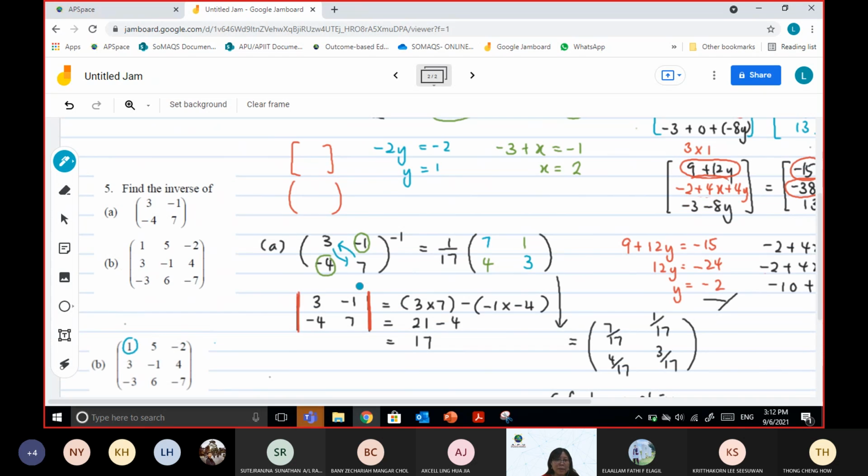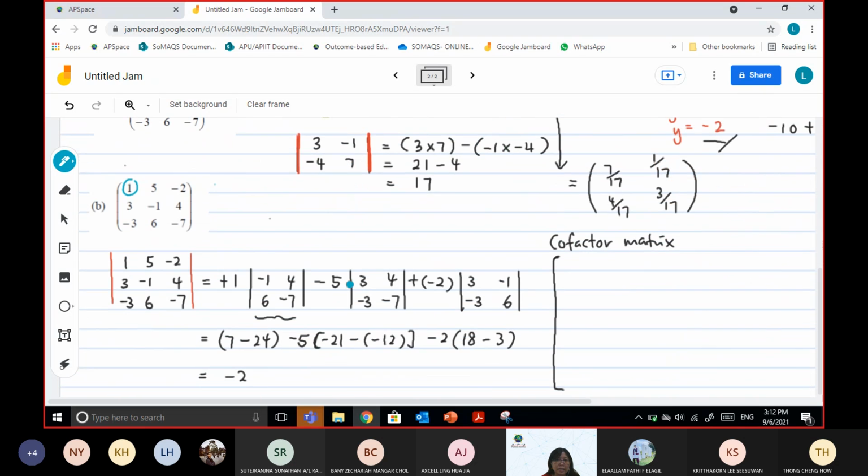So remember the sign pattern: plus, minus, plus, minus, plus, minus, plus, minus, plus. This is the sign pattern we follow.